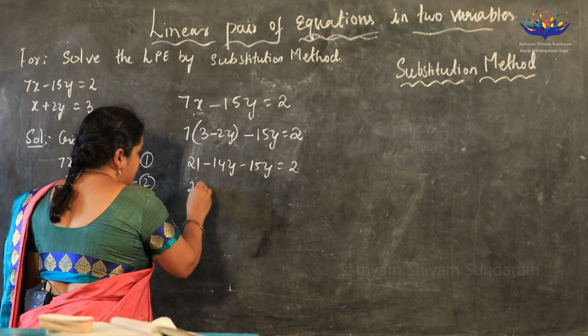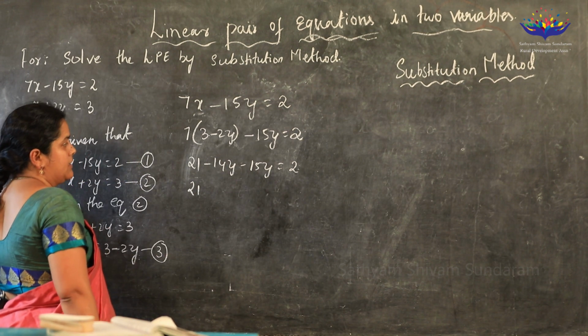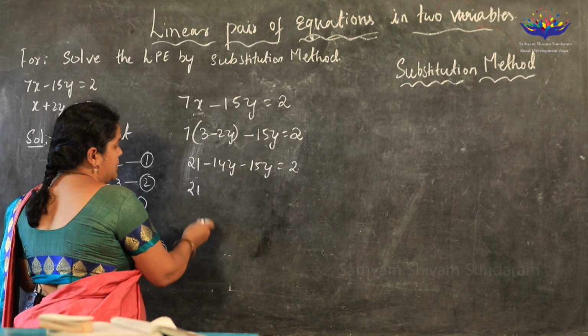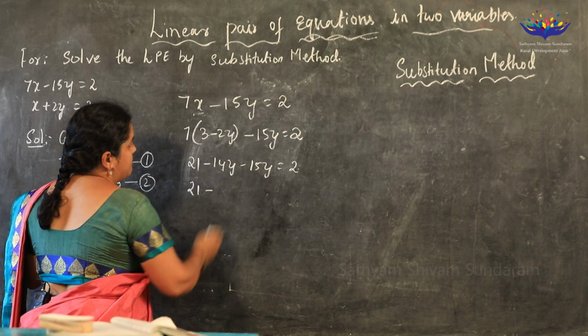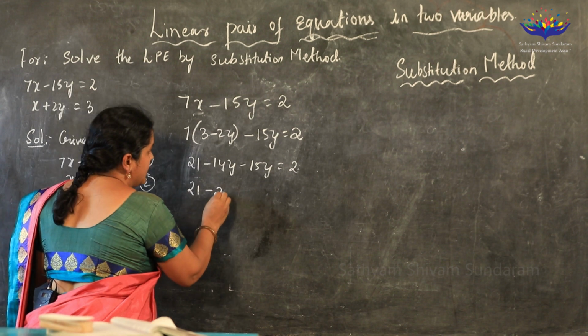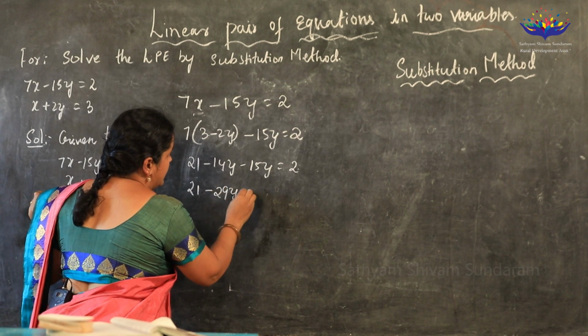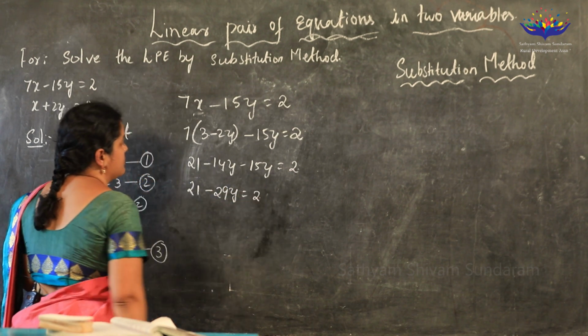Now 21, and there are two negative numbers here, so we add them: minus 14y minus 15y gives minus 29y. So 21 minus 29y is equal to 2.